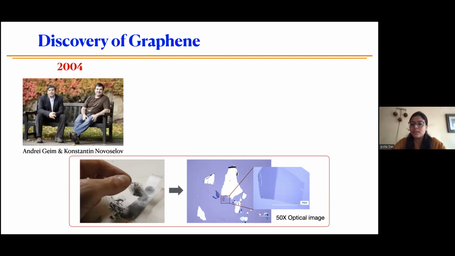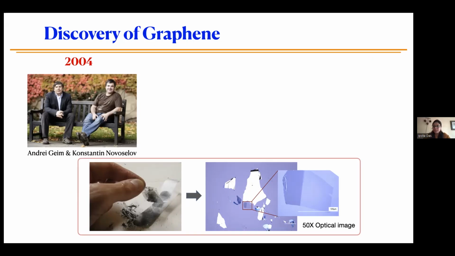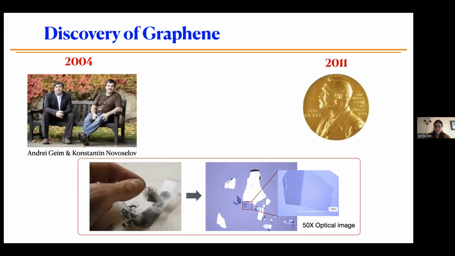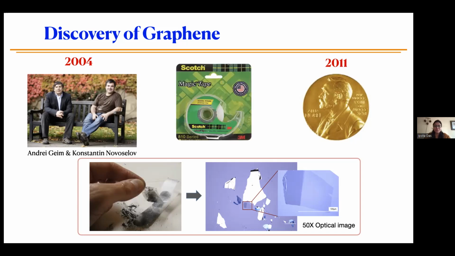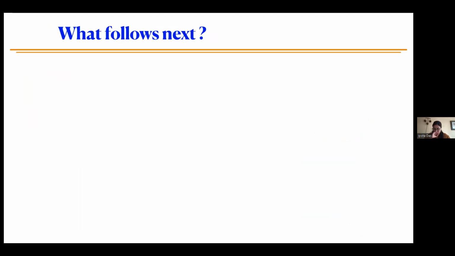And if you look under the optical microscope, there will be a few regions where you have a single atom thick layer of graphene. This beautiful discovery gave them the Nobel Prize in 2011. But probably the happiest of all was this Scotch tape company, who immediately put a name Magic on their product. But what follows next?